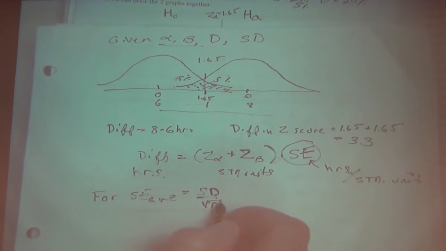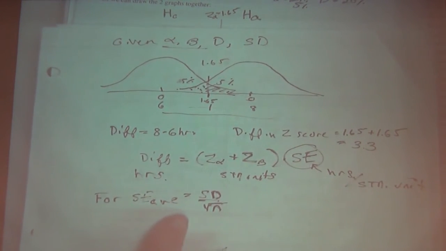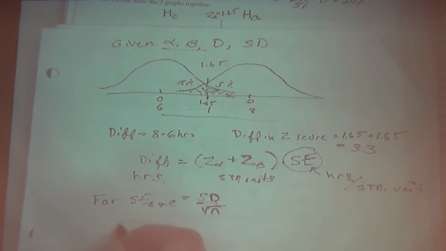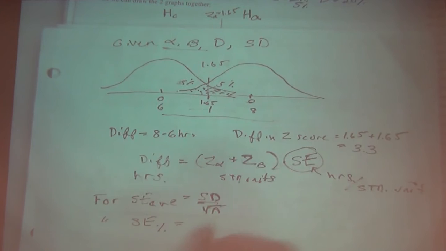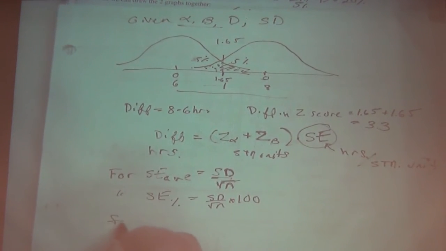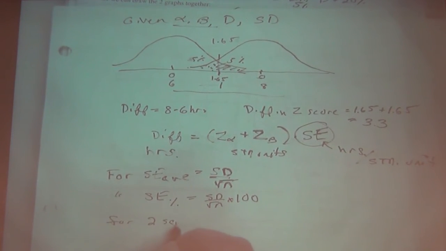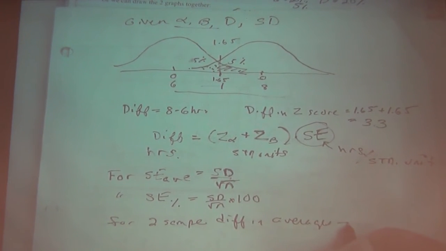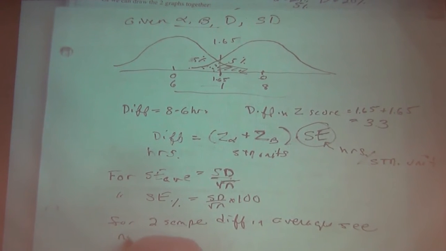But what we're going to see in our next problem, for a two sample, it's going to be different. And for a percent, for standard error for percent, we have SD over the square root of n times 100. For a two sample difference in averages, see next page. We're going to do that.